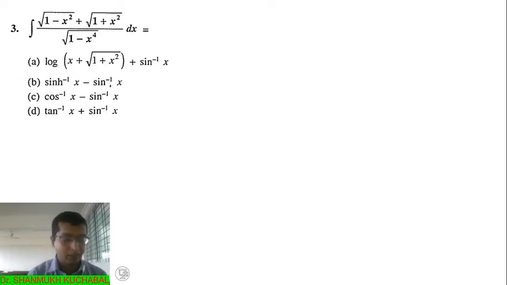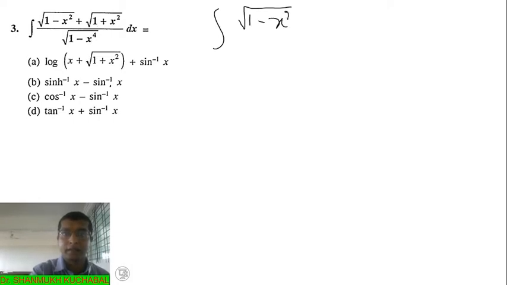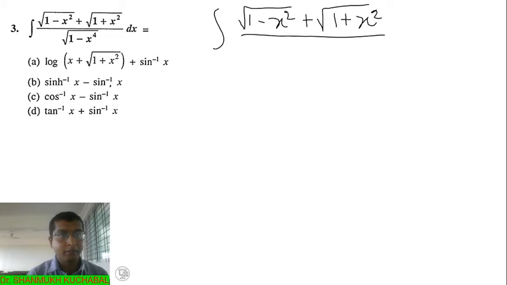Further, example number 3. The numerator is integration of 1 minus x square plus integration of 1 plus x square, divided by 1 minus x raised to 4, under the square root.